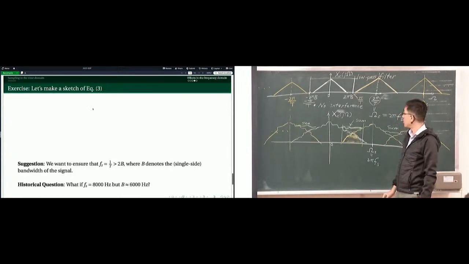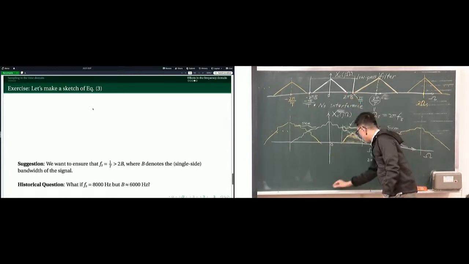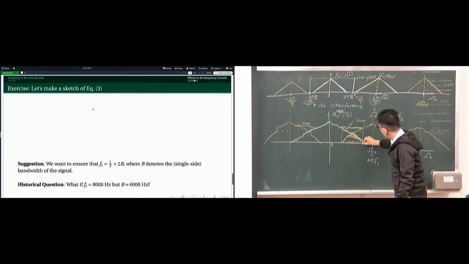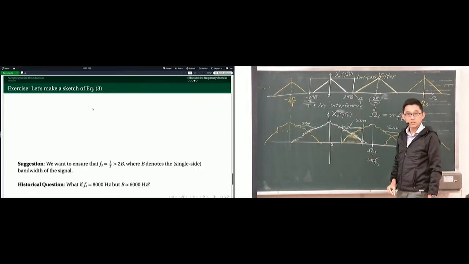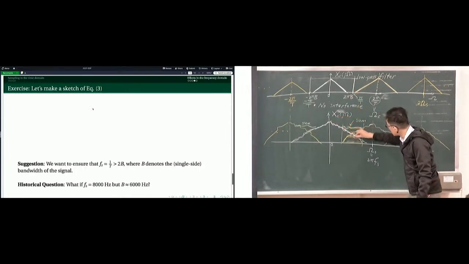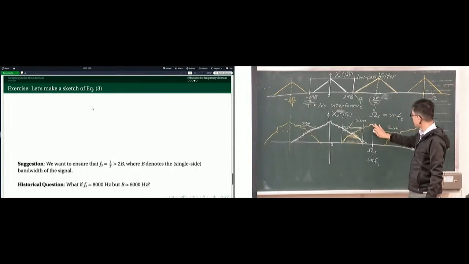Can we still apply the same filter to retrieve the original shape? Can we use the same filter and retrieve this original spectrum, which looks like this shape? We cannot. Do you see what I mean? We cannot use this low-pass filter. However ideal it is, if you apply a filter, you don't get back the original spectrum. That is to say that the yellow part is being confusing.